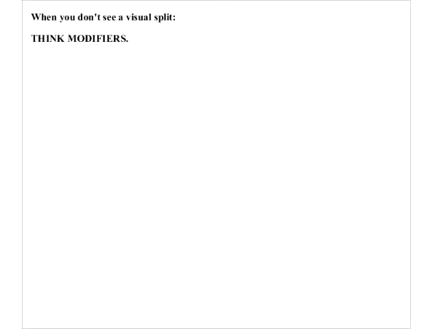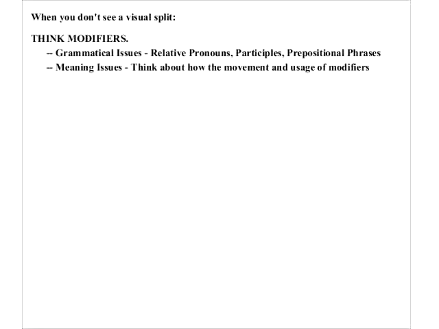First, the grammatical issues that surround whatever they are, relative pronouns, participles, prepositional phrases, etc. And if you don't know all the rules surrounding those terms, you need to learn them. But I also want you to think in terms of meaning issues, right? Think about how the movement and usage of modifiers is affecting the meaning.